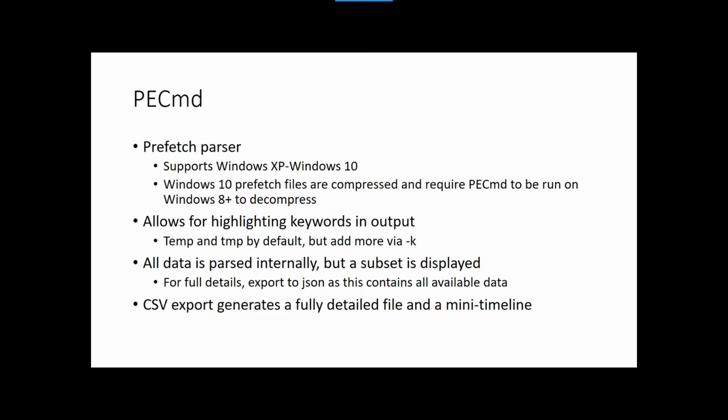So this is a really good one if you're interested in exploring some of the internal data. I don't display everything that's in a prefetch file, because there's just a lot of stuff that we're starting to figure out what it's used for. So I don't have it displayed on the output yet. But if you wanted to see it all or push it all into another system, that's where the JSON export comes into play.